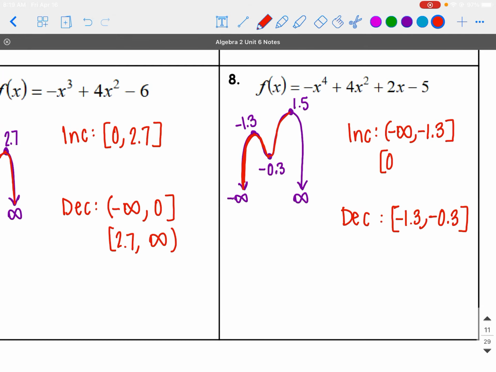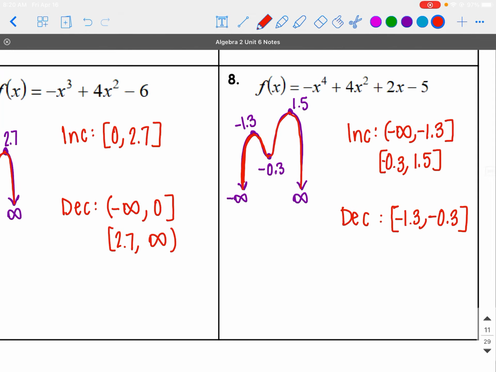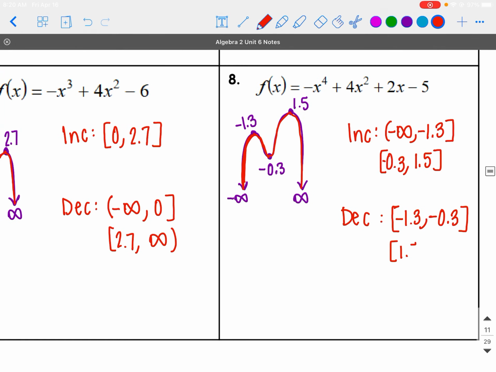Then it increases from negative 0.3 to 1.5. And then it decreases finally from 1.5 to infinity.